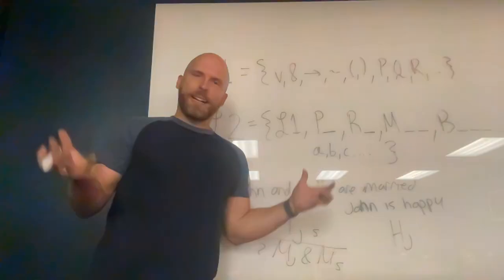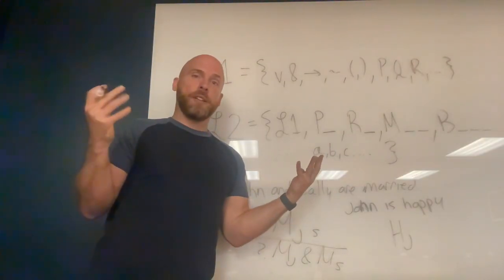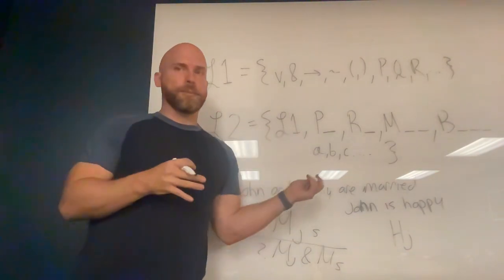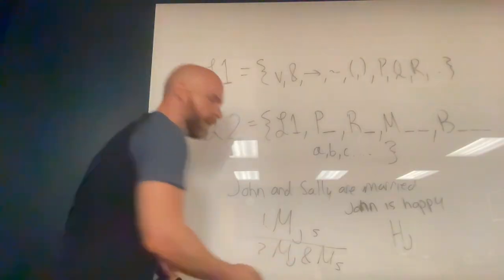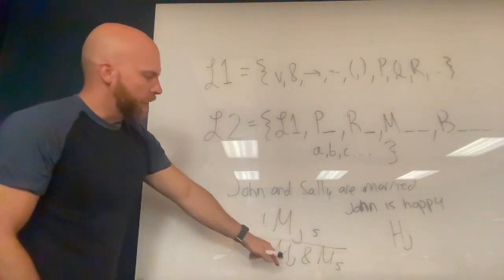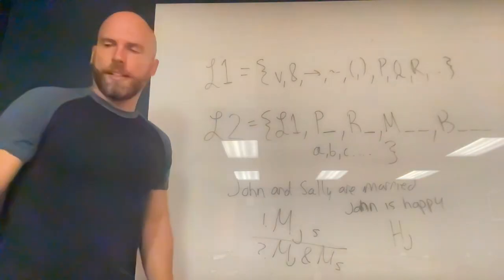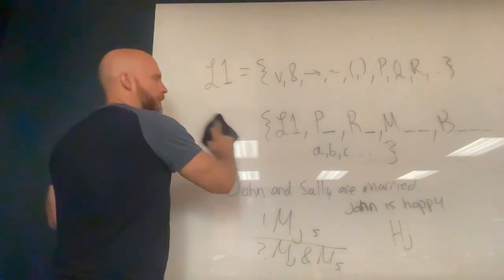So that way we can capture that that kind of L1 representation of this expression was not exactly adequate to represent the semantics of natural language. We can still get the right entailments, and we would expect this to follow from that relationship between John and Sally. So we're going to spend a bit more time on L2.